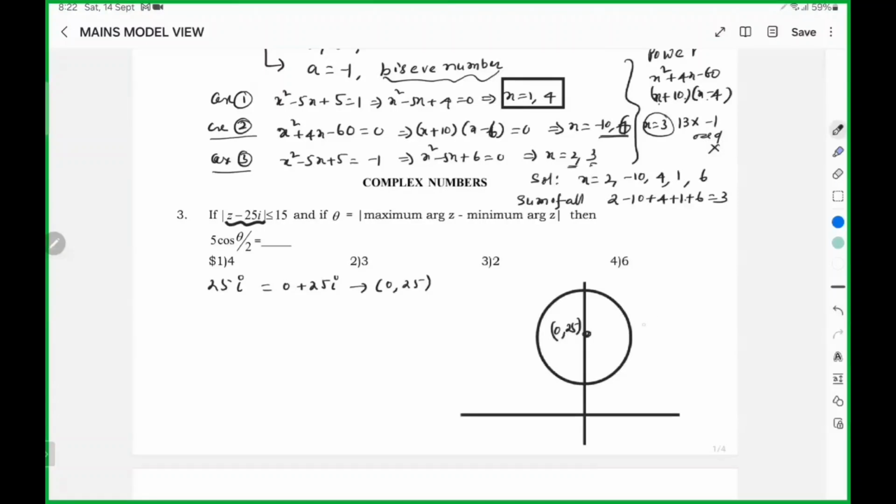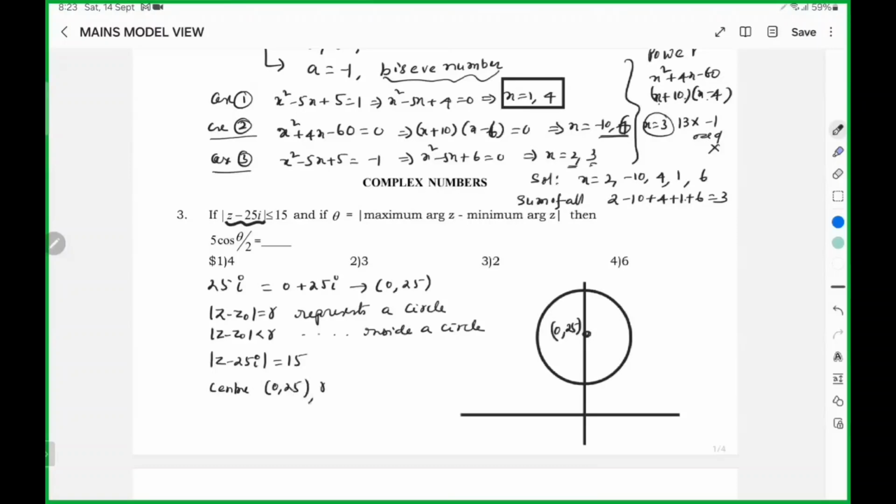So z is any point on the plane. Mod of z minus z naught equal to r represents a circle. Mod of z minus z naught less than or equal to r represents points inside a circle. So here in the given expression, z minus 25i is 15 means center here is 0 comma 25 and radius is 15.